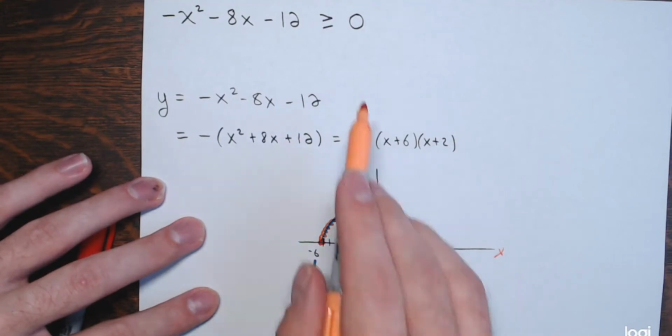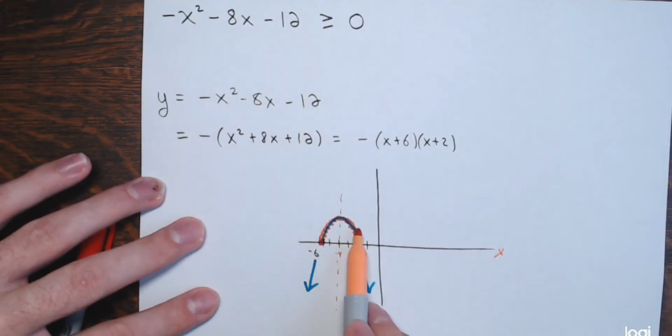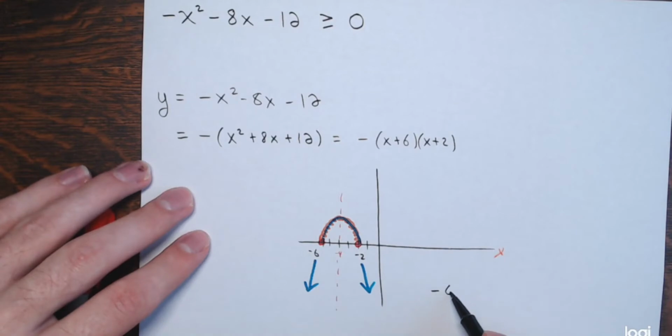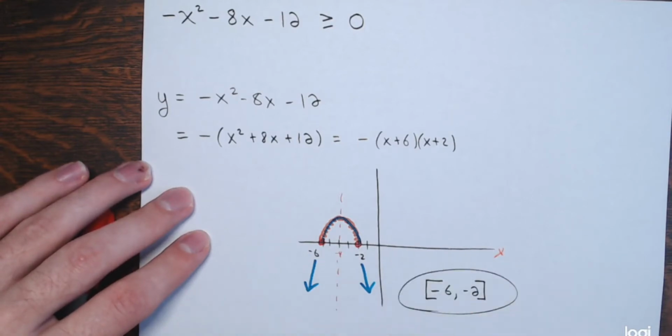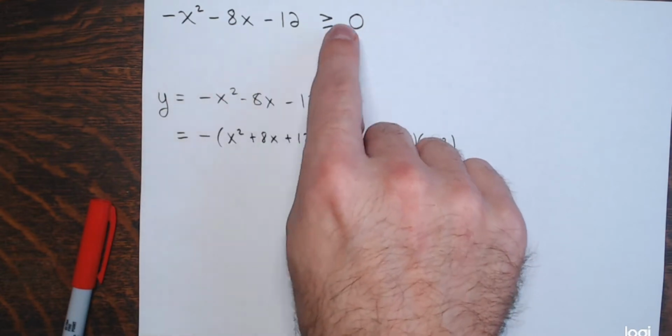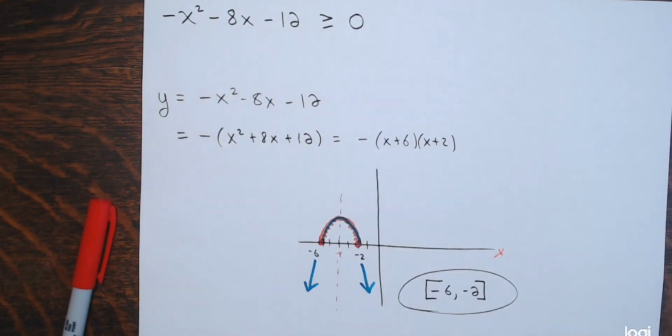Alright, if you're greater than 0, that means the y value is above the x-axis, and equal to 0 is on. So that's from x equals -6 to -2, including -6 and -2. There's your interval of solutions. Alright. All the other values give me negative y values, would make this less than 0, not greater than or equal to 0.